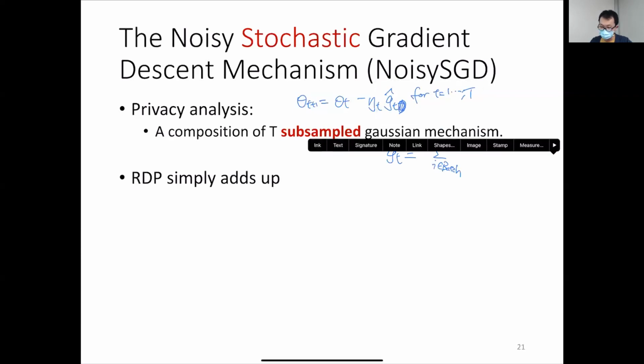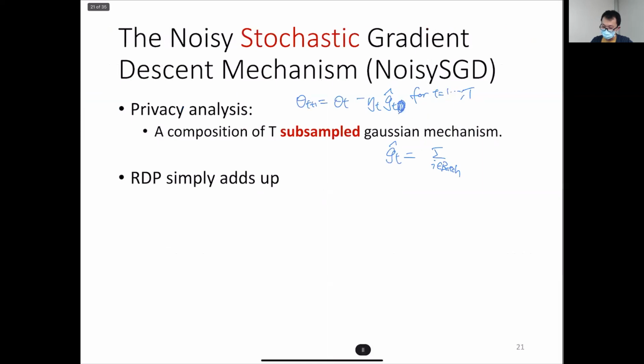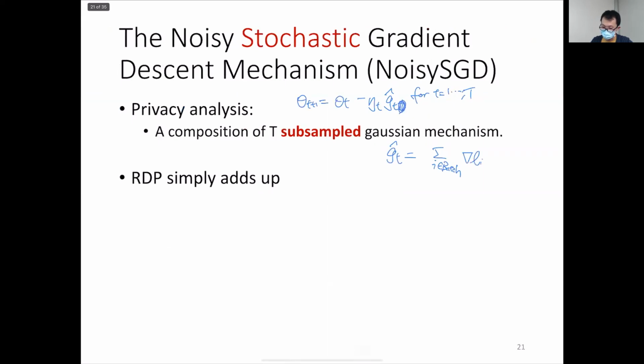From that mini batch, I can compute the gradient of the corresponding loss function at theta t, and I can use the Gaussian mechanism to release this sum of the gradients because it has L2 sensitivity L. Let's add a bracket here. So that's what we release using the Gaussian mechanism, but this is not an unbiased estimator of the original gradient.